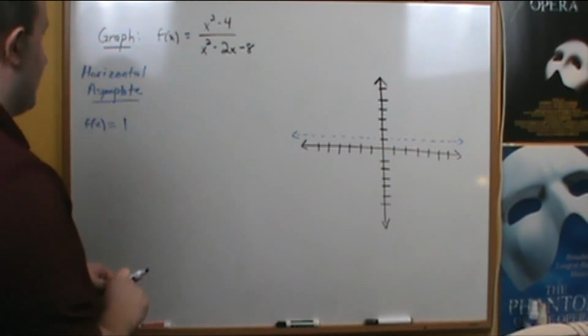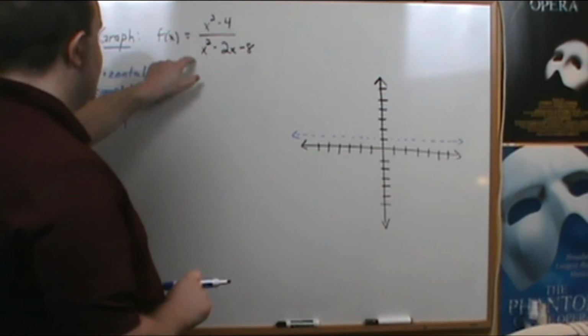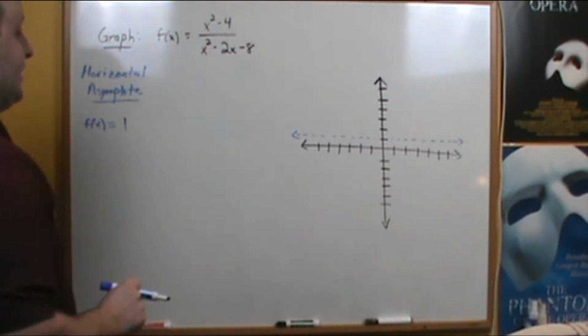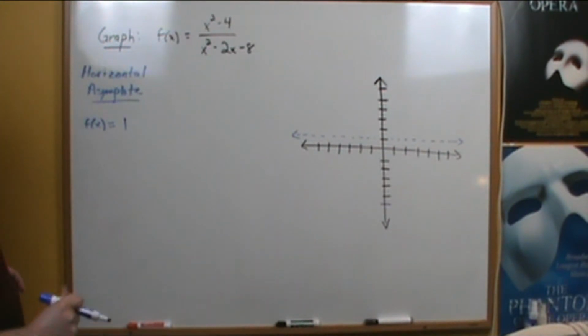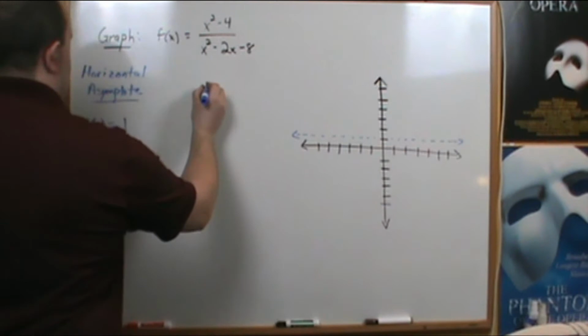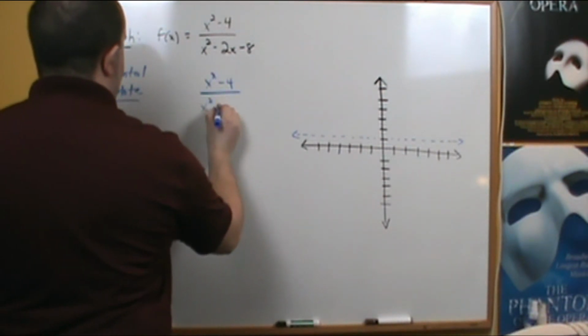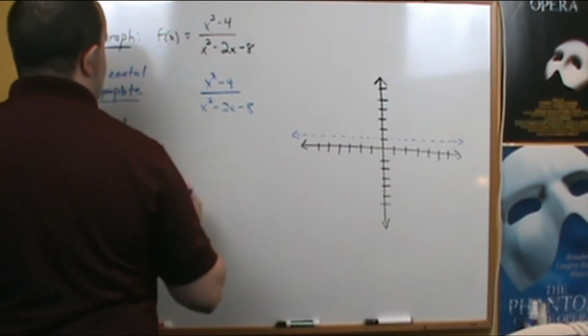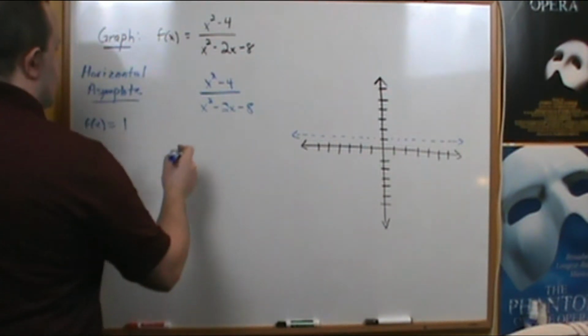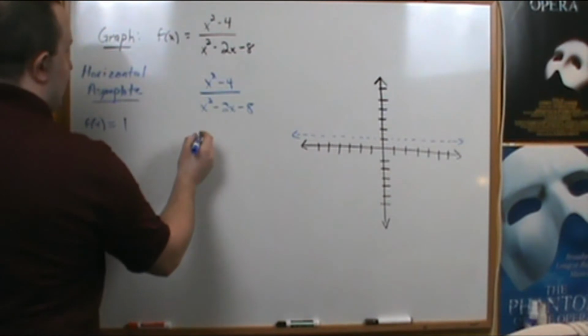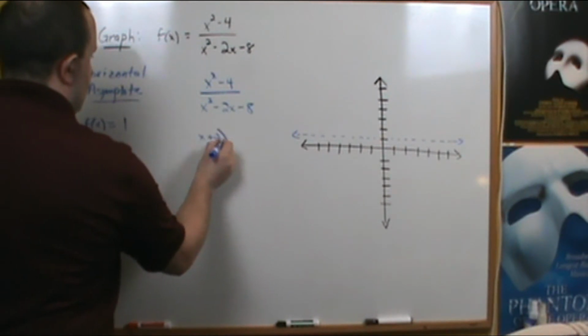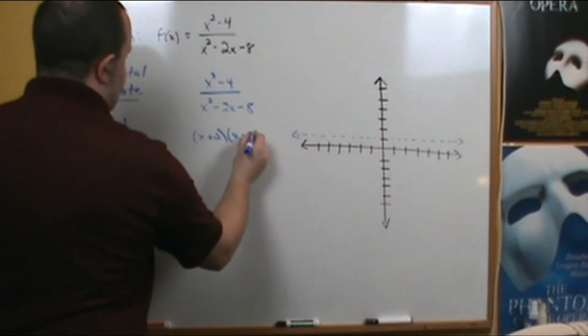Now our vertical asymptote. In order to find where our vertical asymptote is, we need to simplify the numerator and the denominator. And in the process, we're going to find a hole. So if we look at x squared minus 4 over x squared minus 2x minus 8, we could factor both the numerator and the denominator. The numerator is a difference of squares, so that'll be x plus 2 times x minus 2.